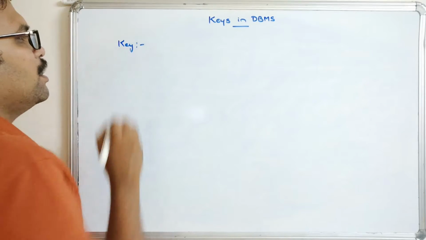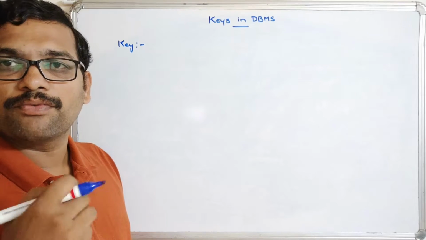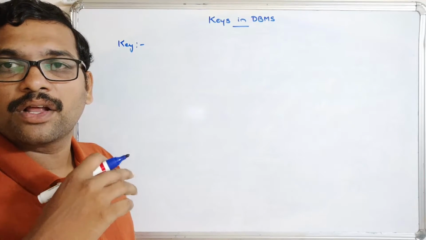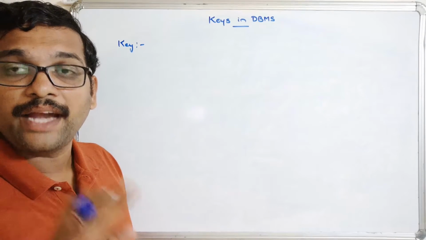What is a key? We know that in a relational database, the data is represented in terms of rows and columns. Here the rows are considered as tuples and the columns are considered as attributes.